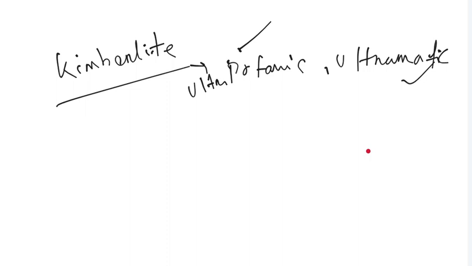So now you have to generate such a magma from the mantle which consists of potassic component and mafic component, which you do not find generally, because mafic component is basically enriched in basic magmas and potassic component is enriched in acidic magmas. So you have to generate such a magma that should be enriched in both potassic and mafic.